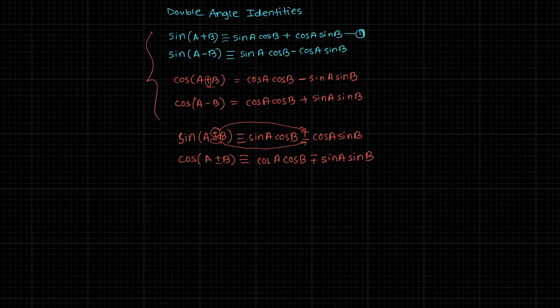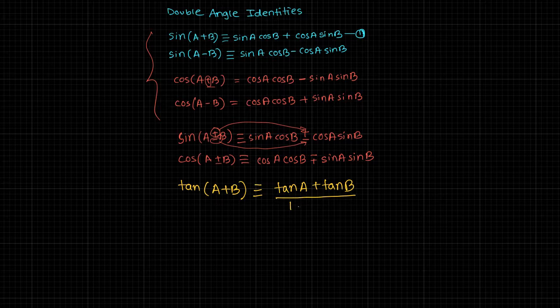And now let's see the same thing for tan. Alright? So if we say that it's tan A plus B, then the expansion would be tan A plus tan B divided by 1 minus tan A tan B. So the way I remember is that if you just took this thing individually, separately, like tan A and tan B, then you would put tan A and tan B here.